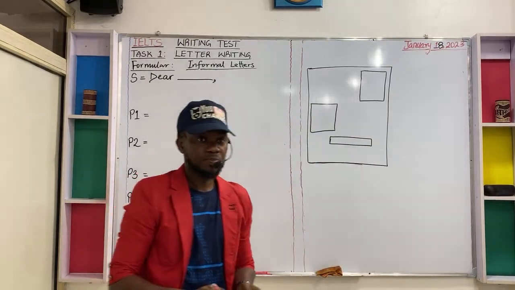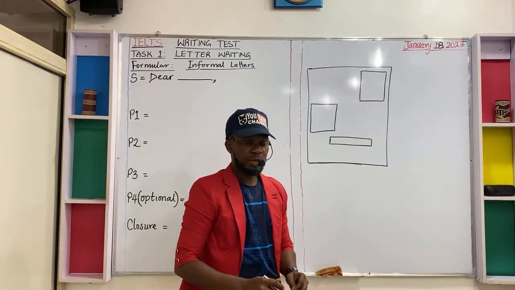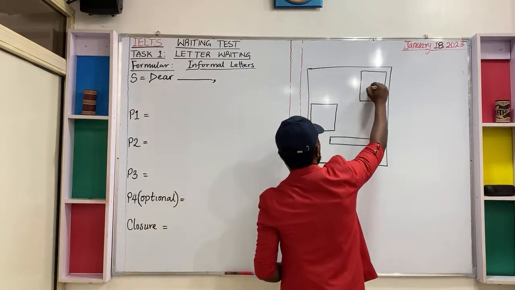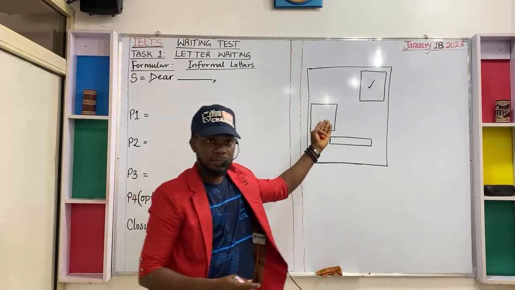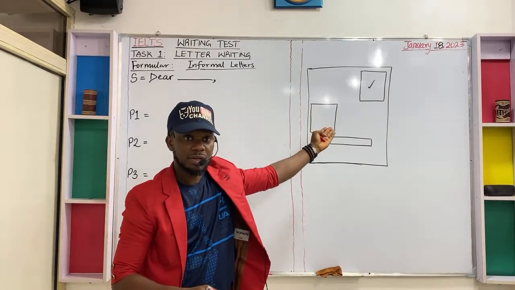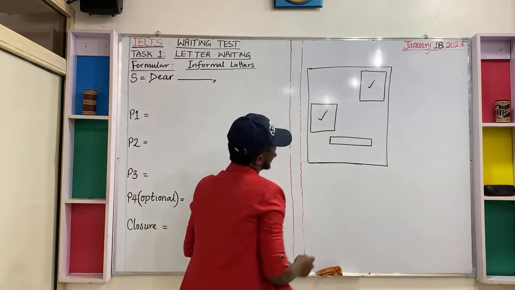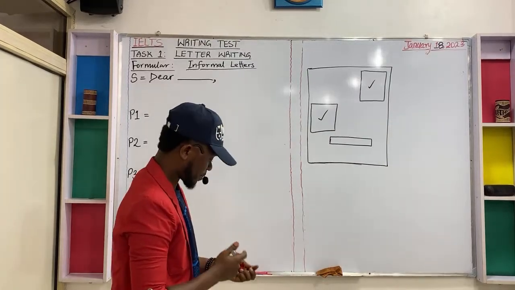Is that correct? What we usually write right here? Address. Whose address? Your address. Writer's address is usually written up there, right? Then what do you write over there? Recipient's address. So right here you put the receiver's or recipient's address.